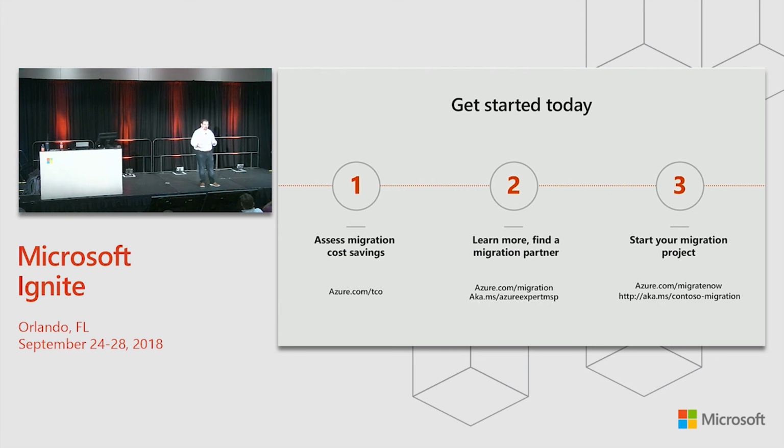So as things rev, we're going to continue revving the docs. Like I said, we've got an at-scale document coming, and I'm working with a bunch of different teams. We're going to build a GitHub repo that's going to have tons of scripts in it, okay, for migrations. So be on the lookout for that and go and read those documents because they'll get you started. And then lastly, you can start your migration. Oh, there it is. Start your migration project under number 3 there.